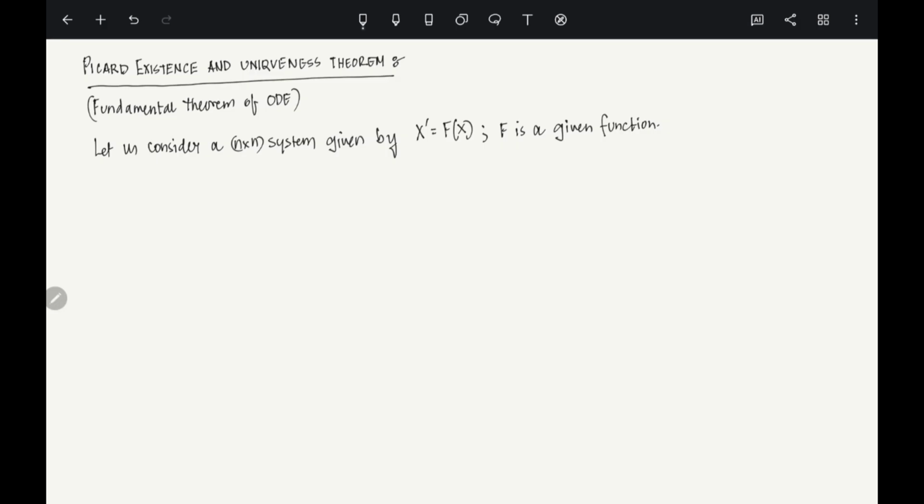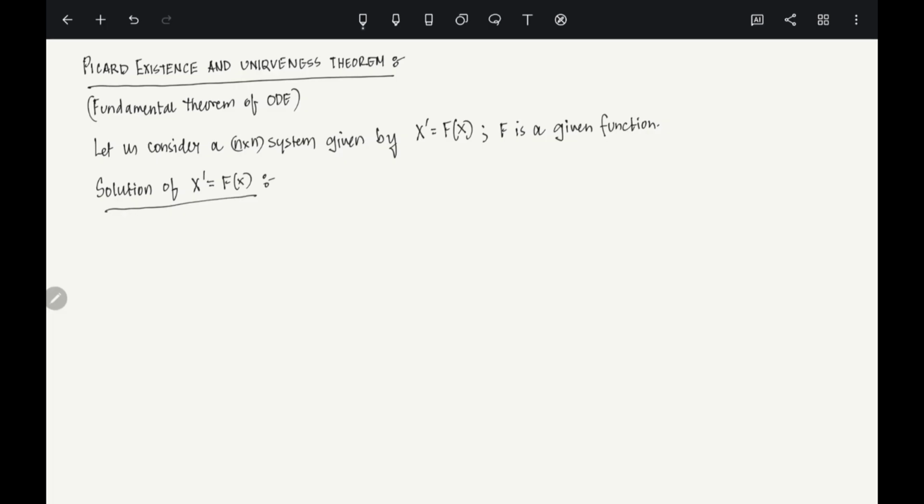Before I talk about the existence of a solution, first we need to understand what I mean by a solution. Let's call this equation x prime equals f of x. What do we mean by a solution?